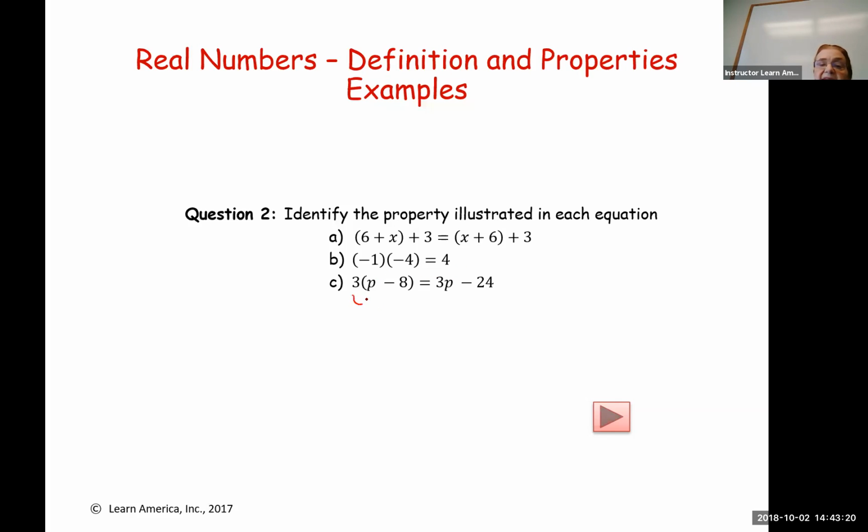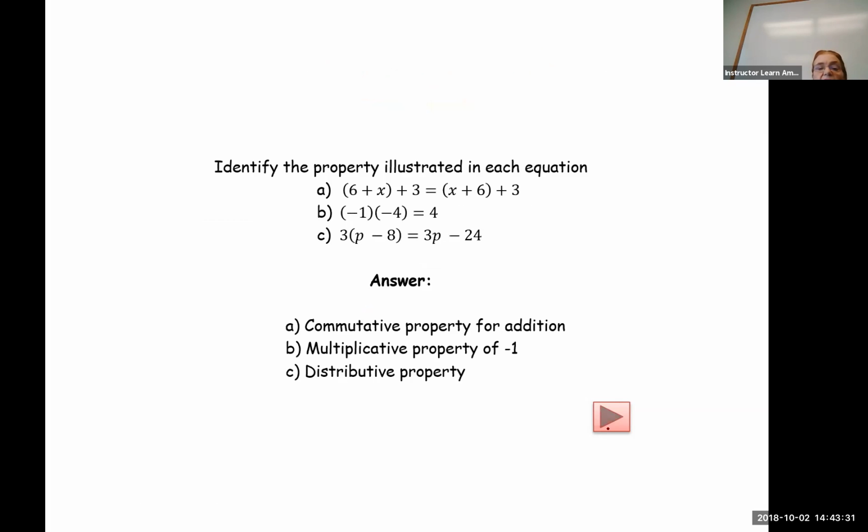And in this case, we see the distribution of 3, multiplication distributing over, you can think of it as the addition of -8 or subtraction of 8 from P. Okay, so first, commutative property for addition. Second one shows us the multiplicative property of -1, changing it to the opposite. And finally, the distributive property of multiplication with respect to addition, because it's addition of a negative, or you can say over subtraction, it doesn't matter.